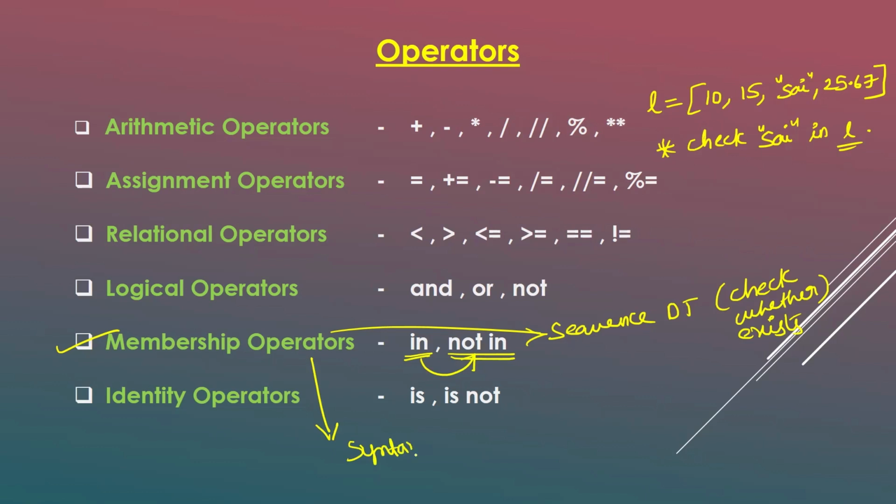The syntax is: the value you are checking, then the keyword in, and then the variable you are checking in. Now I want to print it. So the print function, give the value Sai, in operator, and the variable L. The output it will return for us is true.